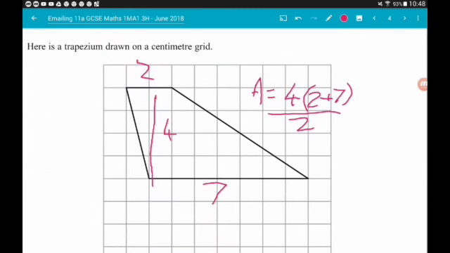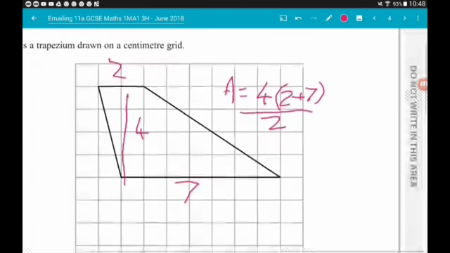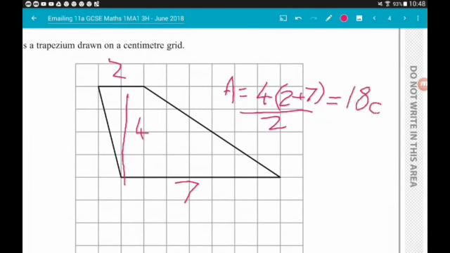So that's 4 times 9, which is 36, divided by 2 is 18 centimetres squared. So we need a triangle with an area of 18 centimetres squared.